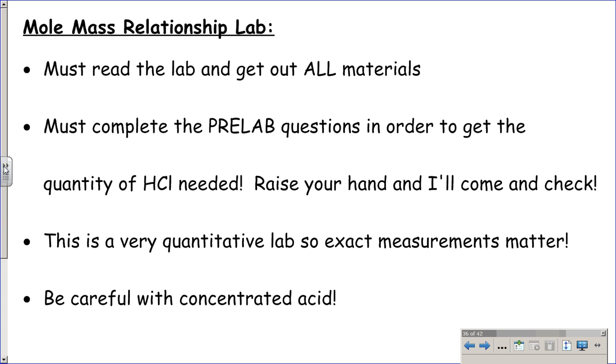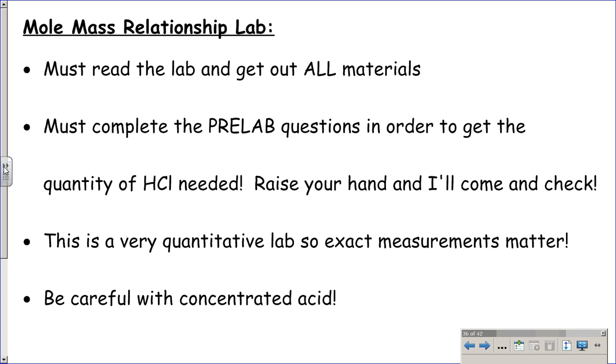Okay, listen, ready? Eyes up here. So, pre-lab. The pre-lab on this is required to be done before you start. The pre-lab's on the back side of the lab. So you'll look through and read a little intro, look through the steps really quickly, turn to the back side of the lab, where it says pre-lab.